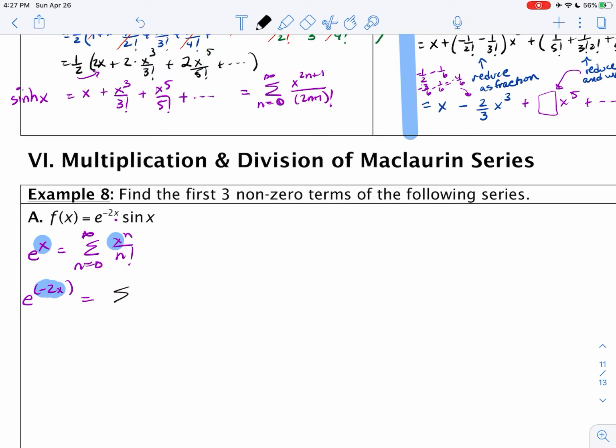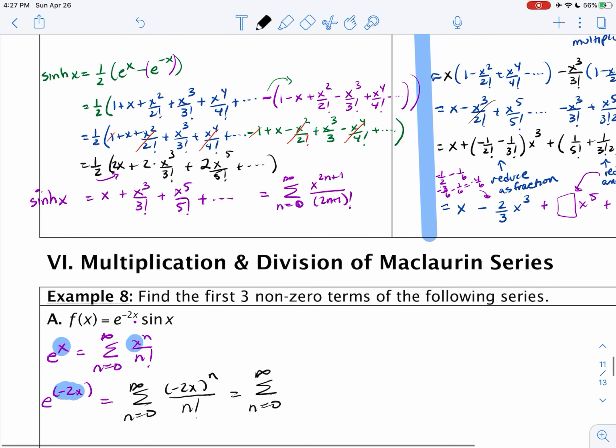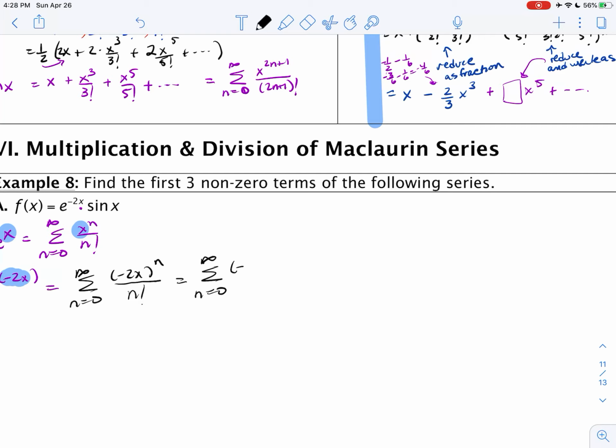So in here, whatever minus 2x is, we're going to put that as the base of our exponent inside of our power series expansion. So we would have minus 2x to the n over n factorial. Simplifying that, or writing it in proper power series form, we would end up with minus 1 to the n, 2 to the n times x to the n over n factorial.